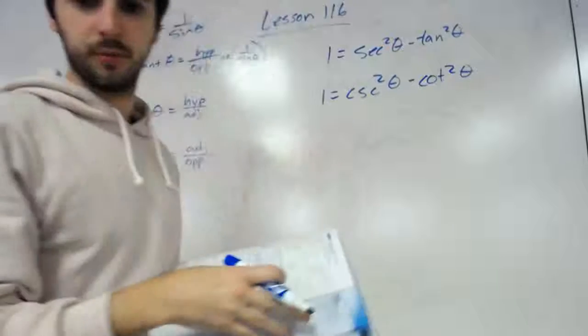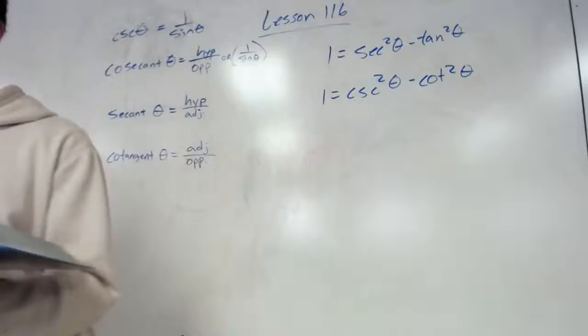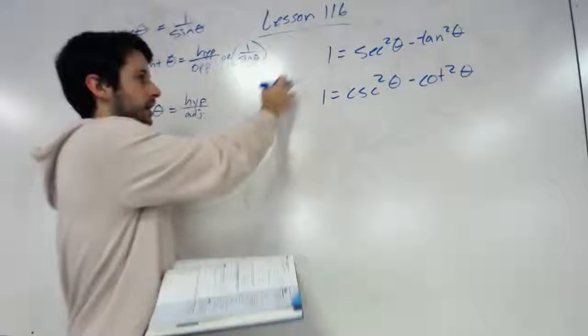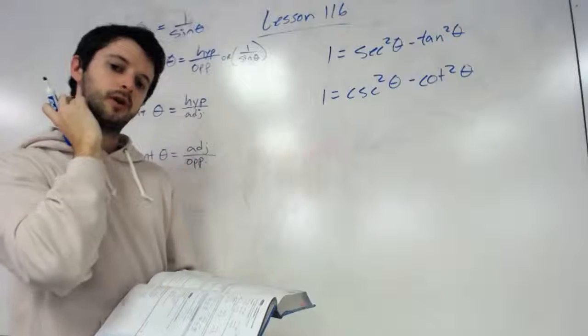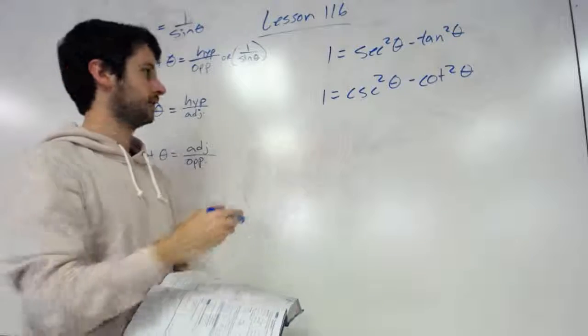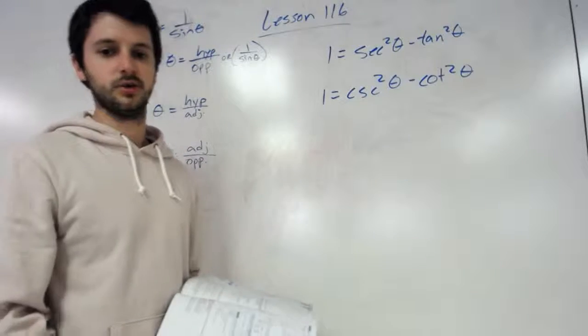I'm not going to go through the proof of these, but I will show you the two ratios. It's basically just Pythagorean theorem. It's like we've done, I think it was lesson 91, where it looked at things like this. Now we're just using secant, cosecant, and cotangent.